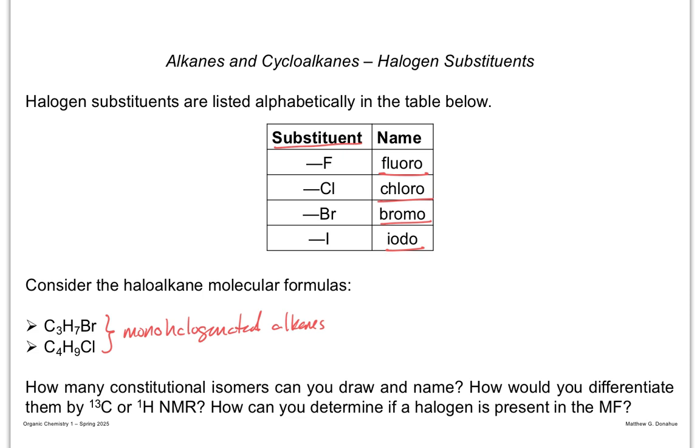All we've done is swap an H for a halogen, and we find there's no degrees of unsaturation, so we don't have to worry about that. So the question is, how many constitutional isomers can you draw and name? How would you differentiate them by carbon and proton? How do you determine if the halogen is present in the molecular formula? And again, we used mass spec to determine that. What does that say, the mono? Monohalogenated. Okay, thank you.